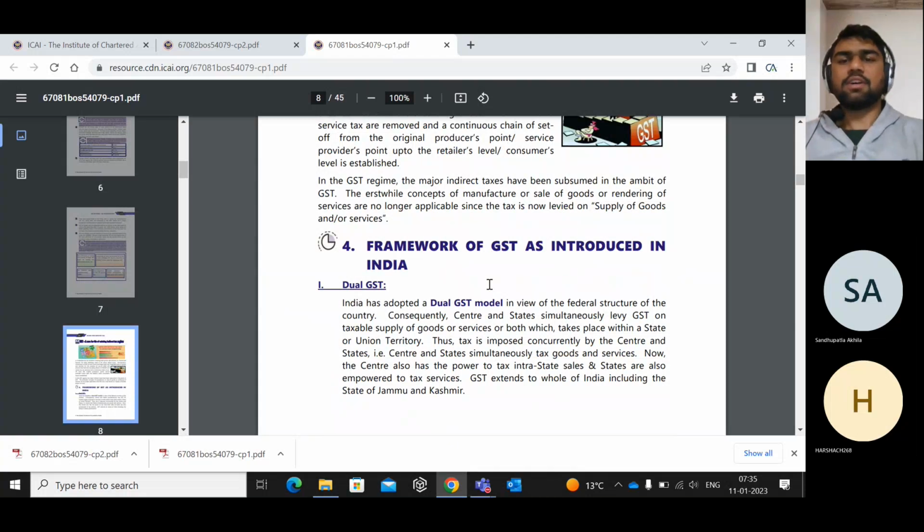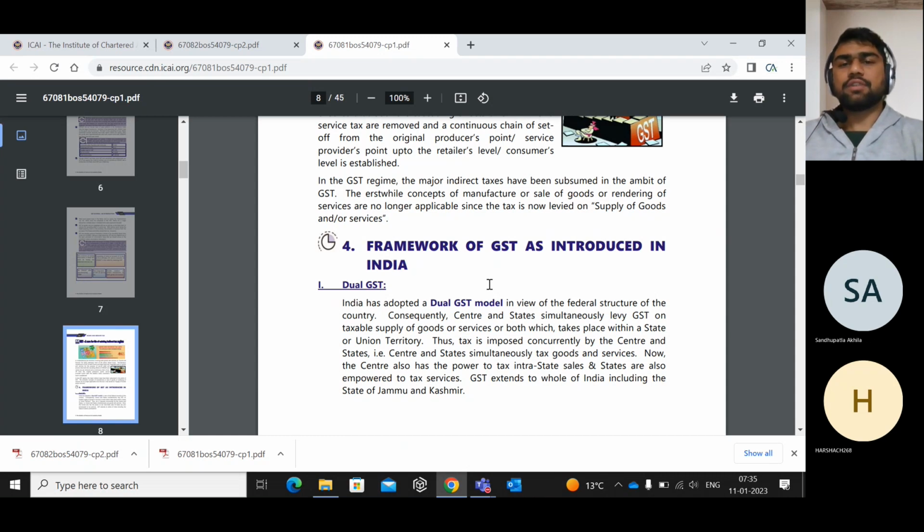That is the framework of GST as introduced in India. GST is known as the dual GST model. The GST law in India is known as the dual GST model. Why? Because both the center and the state can levy tax at the single point of time.